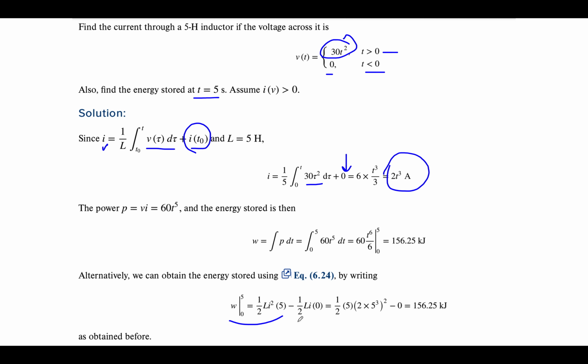You initially had 0 energy stored. At 5 seconds, you would plug in 5 to your formula for current. So that's what I would do, and then you would subtract off 0 energy because that's what was initially stored.